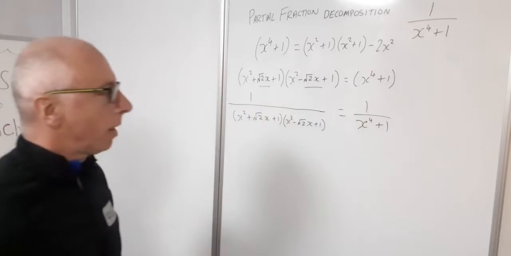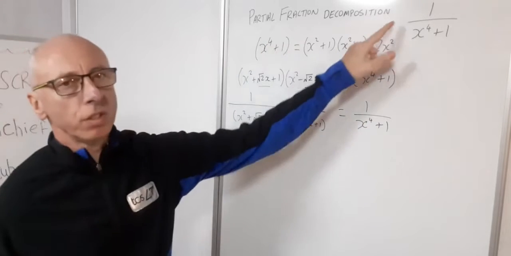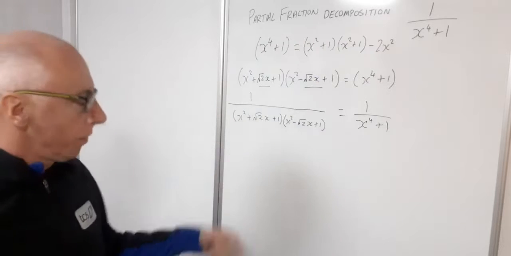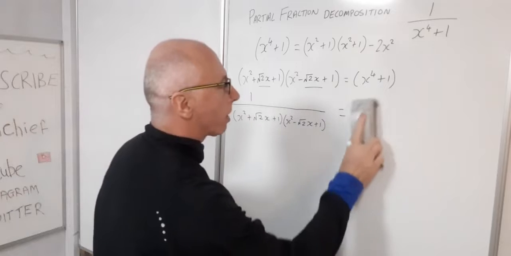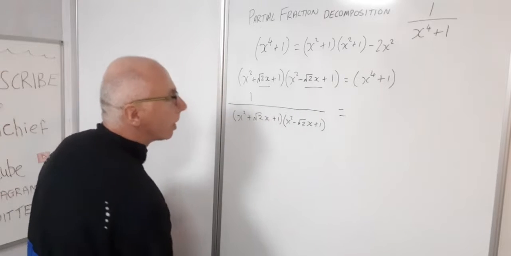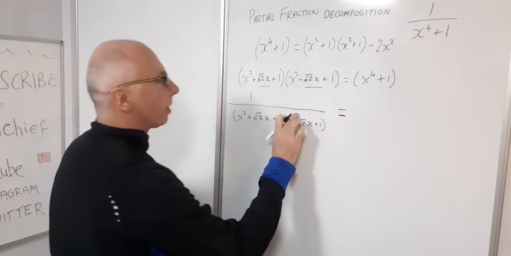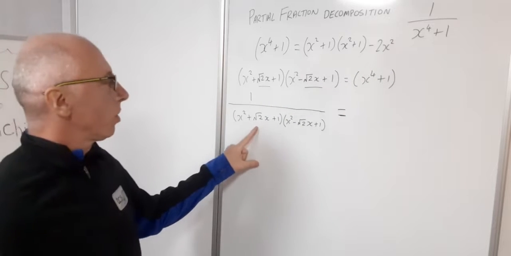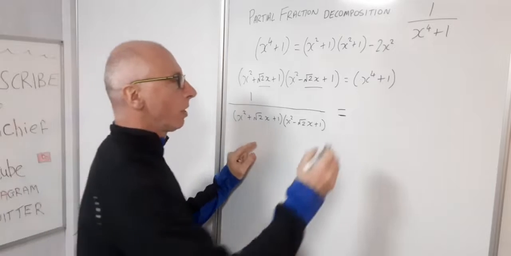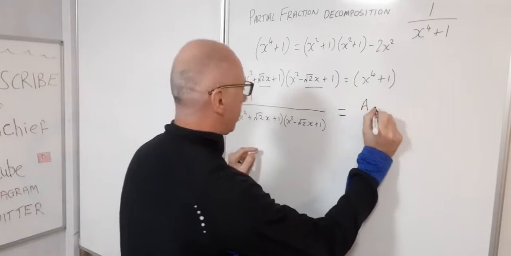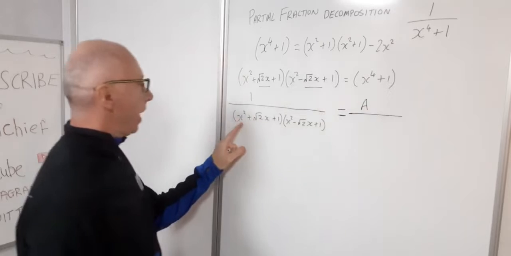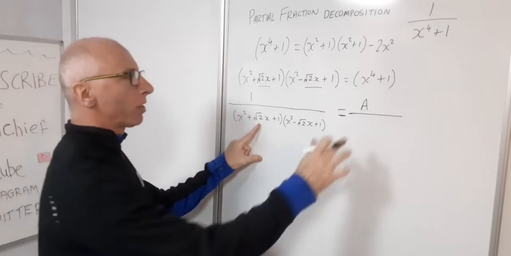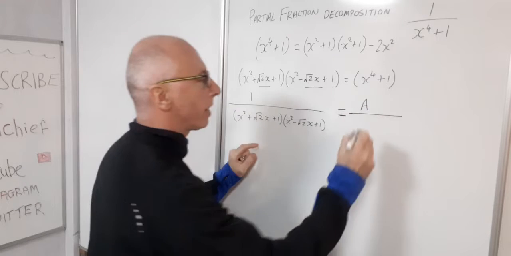Okay. Now our goal is partial fraction decomposition. So basically, if I just take this off the board, we know that this is the same as this, and now we need to find some decomposition terms. I use my a over x squared plus root 2x plus 1. Now this is a quadratic, so my term on the top must be a linear term.